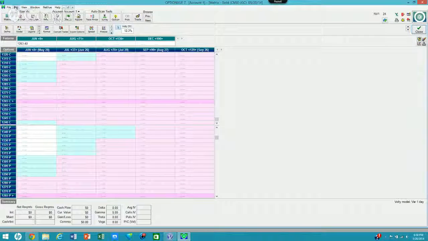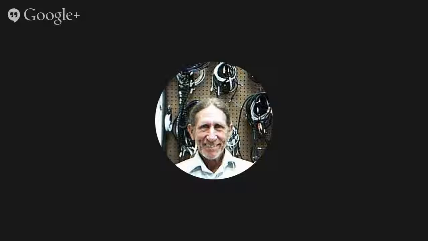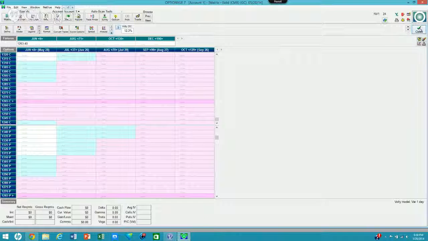Huh. Well, this is certainly a beautiful mess. Well, close the program and reopen it. Yeah, probably just a glitch in the program.